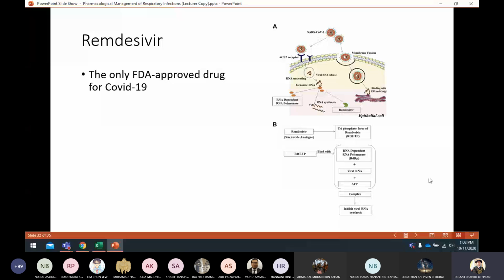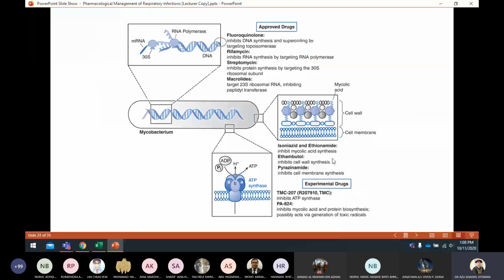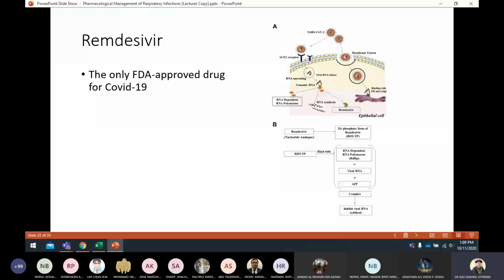As you can see in the picture here, it's a bit small, sorry, but remdesivir also requires conversion into a triphosphate form before it can exert its antiviral action.